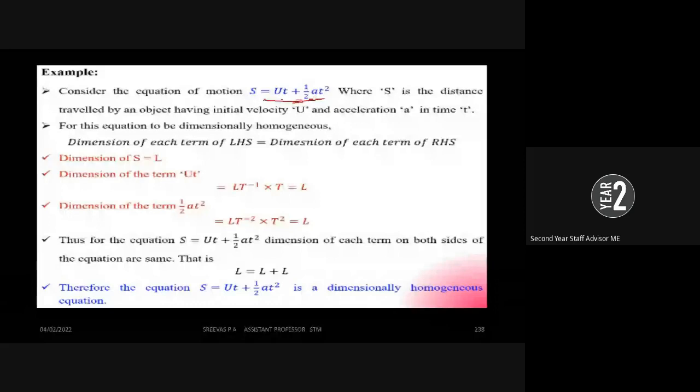The dimension of S is L. Dimension of the term UT will be LT raised to minus 1 for velocity and T for time, so it will become L. And if we consider the second term, that is half AT square, the dimension will be acceleration LT raised to minus 2 into time square, so T square. Eventually T raised to minus 2 and T raised to 2 will cancel and we will get L. So each term's dimension will be L. That means the equation satisfies dimensional homogeneity.